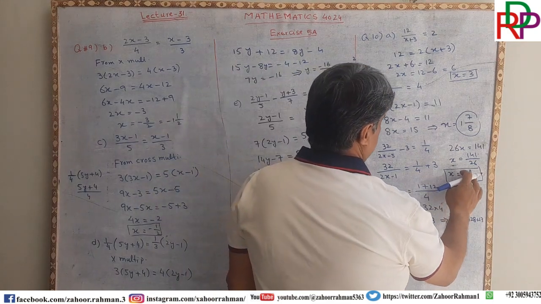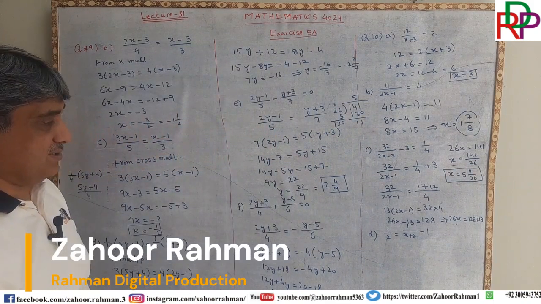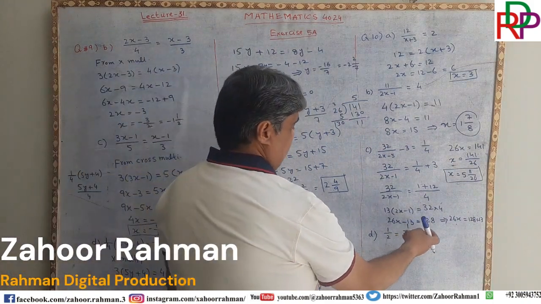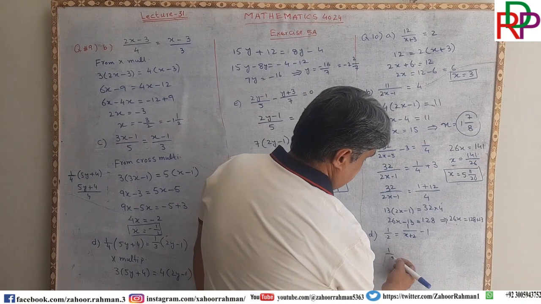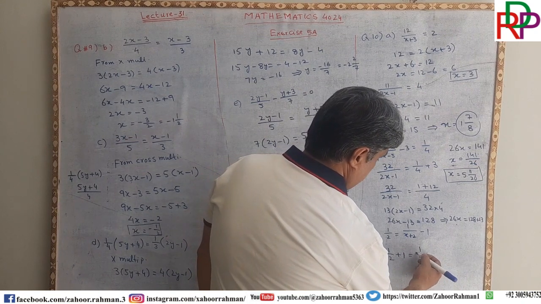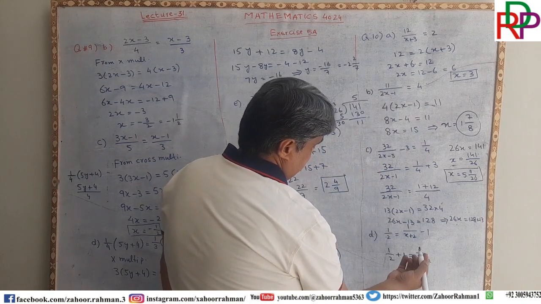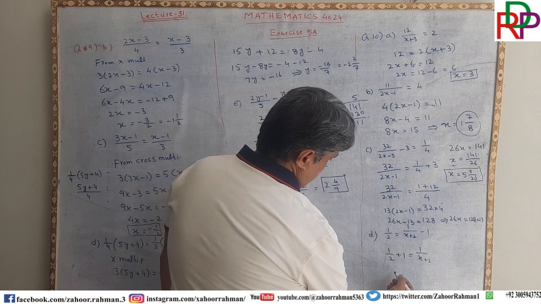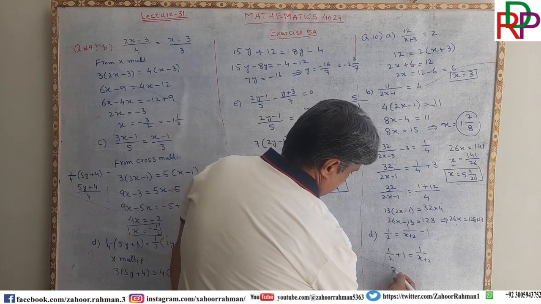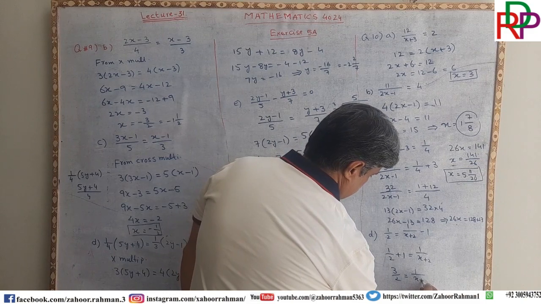So it means 5 whole 11 over 26. Now I have to shift this to this side. 2 plus 1 over 2 plus 1 over x plus 2. So it will be 3 over 2, 3 over 2, and 1 over x plus 2.